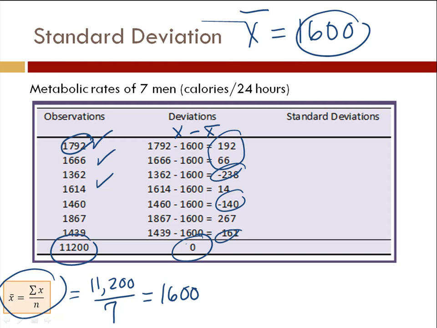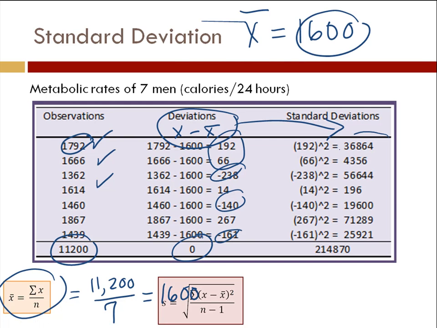And then the next step that we look at from the previous slide is to square these deviations. So we take all of these deviations and then we will square them, and when we do that, we get these values. And then step number 4 is to sum those squared deviations. And when we sum those squared deviations, that's going to be the numerator of our sample deviation.